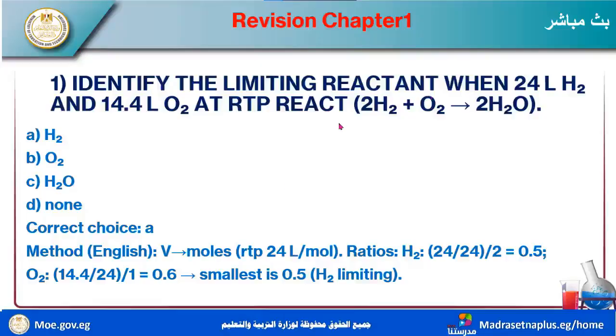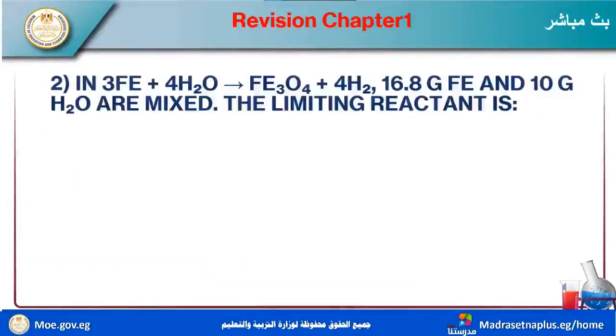Now we have oxygen equal to 0.6 moles. This is the ratio; it depends on the smallest number, 0.5, which is hydrogen. So A is the limiting reactant because it is consumed totally in this reaction, consumed totally in the final reaction when you finish.